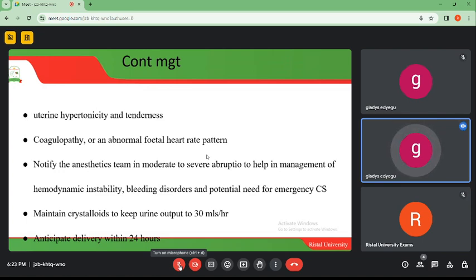So maintain crystalloids to keep urine output at 30 mils per hour. Crystalloids is basically looking at normal saline and Ringer's lactate. When you give these fluids, you're able to maintain the urine output, because when she bleeds and has lost a lot of blood, it's going to affect the circulatory system, it's going to affect the renal system, and can even cause acute kidney injuries.